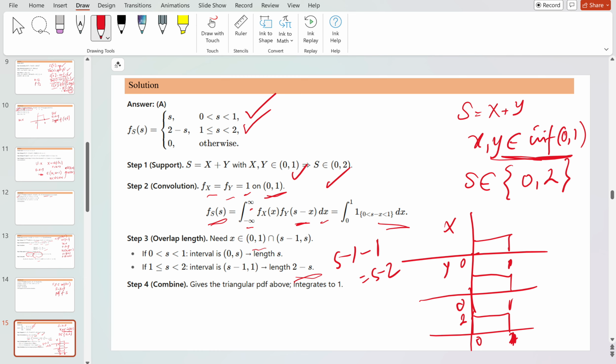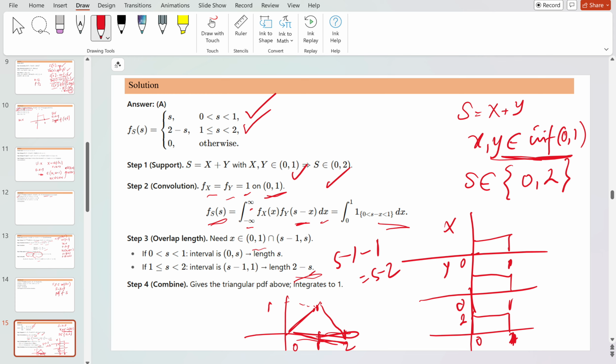Okay, so when you combine both, it gives a triangular function. When S is between 0 to 1, it is S, and when S is between 1 to 2, it is 2 minus S. So at 1 it will be 1, and after that it will drop down.